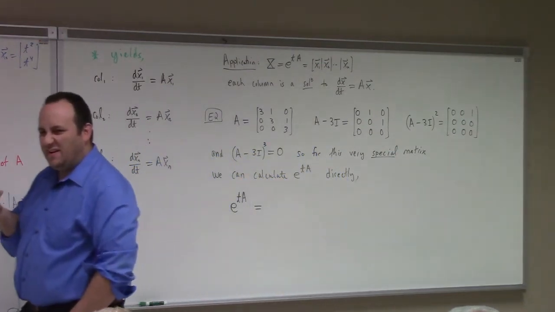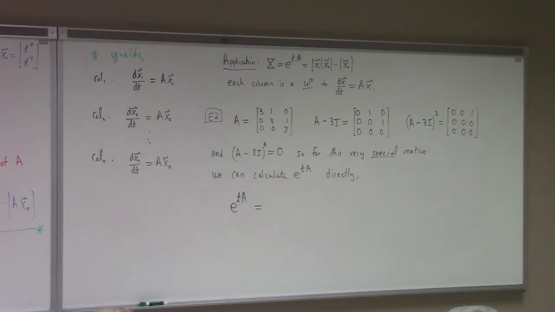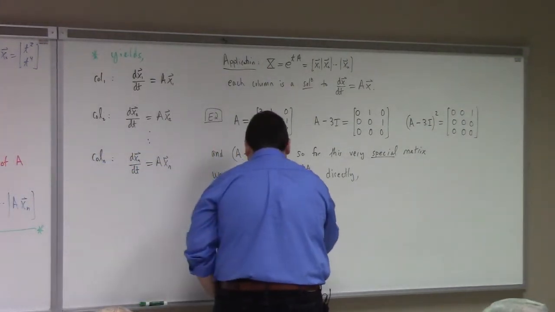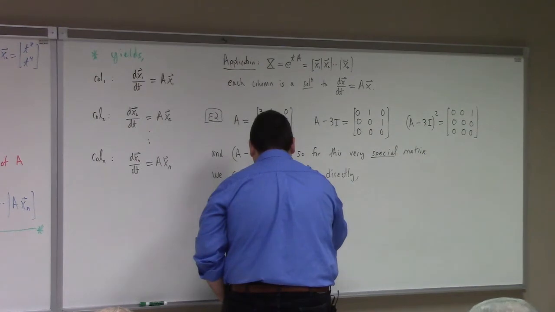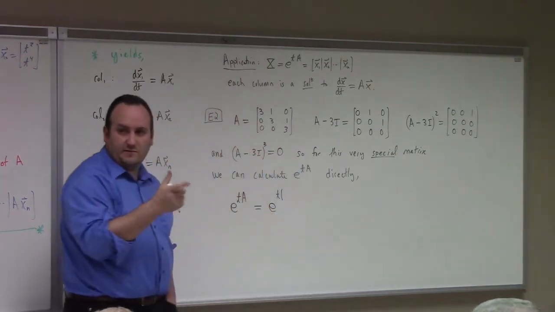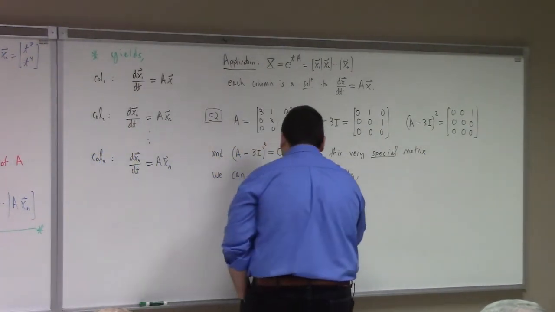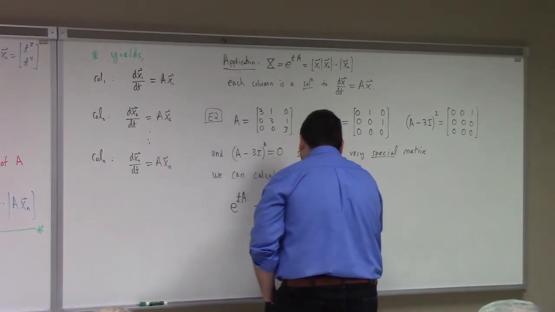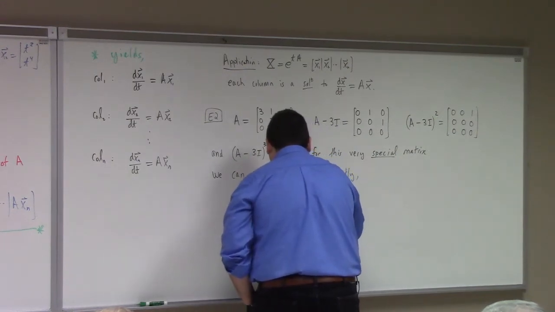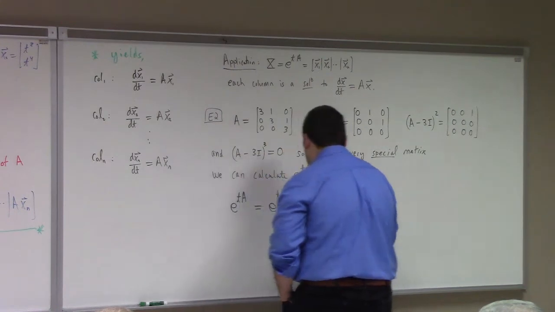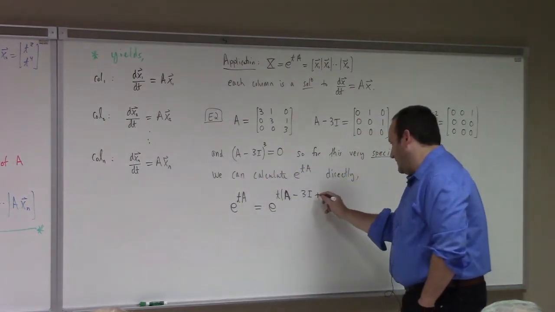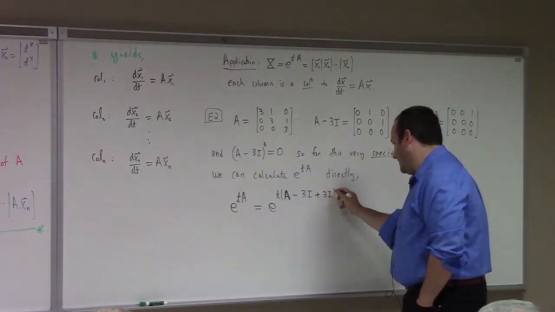I know that A minus 3I is special for this matrix, right? Something nice happens for it. How do I make that A minus 3I appear there? How about we just add 0, right? So I can say this is A minus 3I, which I like. I got lots of warm fuzzy feelings about A minus 3I as it relates to this matrix, and then I add 3I. There I just added 0.